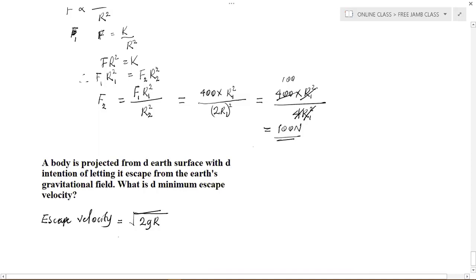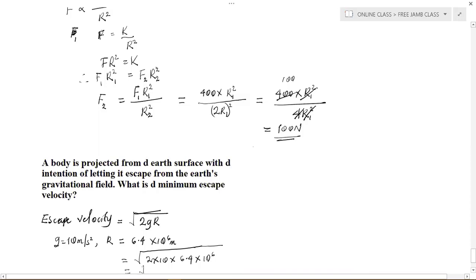With this one, our g is always 10 meters per second squared, and our R is always 6.4 times 10 raised to the power 6 meters. So we'll say that is equal to the square root of 2 times 10 times 6.4 times 10 raised to the power 6. That's the minimum we can get. The radius can increase, but the minimum is when it is on the Earth's surface.